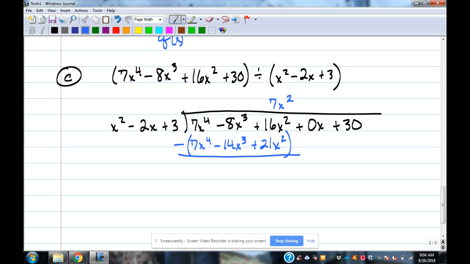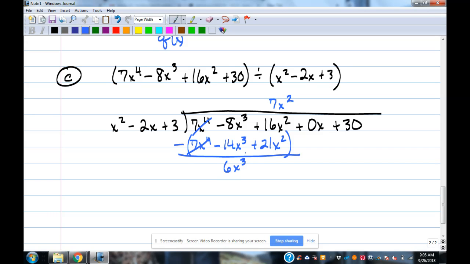All right, so what happens to the 7x to the fourths? Go away. Negative 8x cubed minus negative 14x cubed. Positive 6x cubed. So negative 8 minus a negative turns that into plus 14.